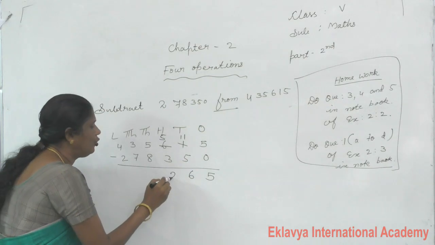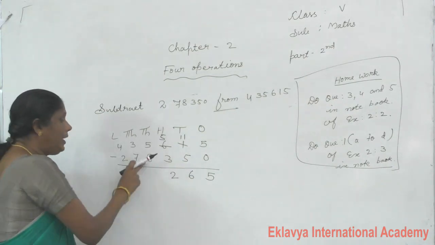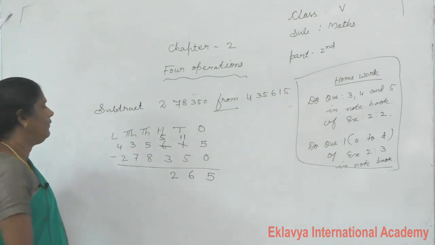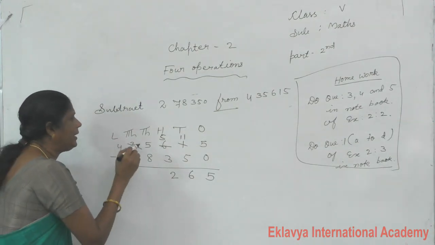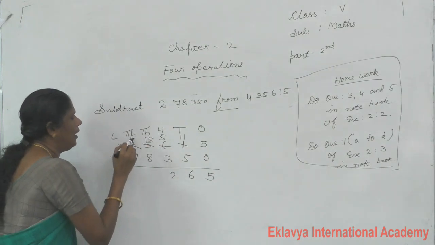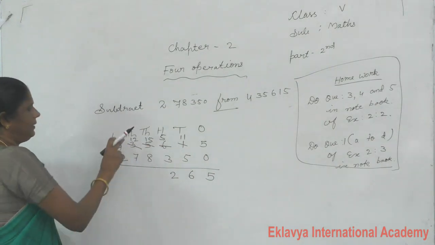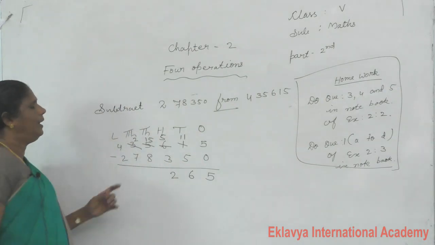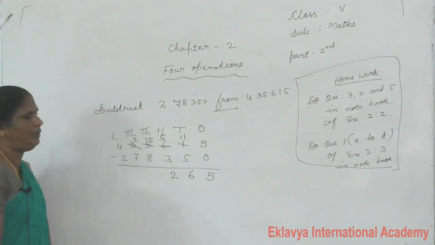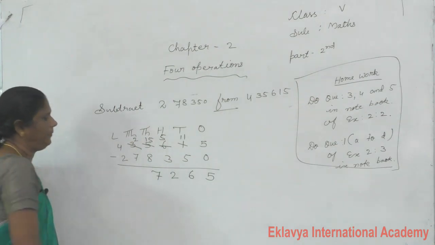8 take away from 5, is this possible? No. We take again a borrow. This becomes 15, this becomes 12. Then 8 take away from 15, you get 7.